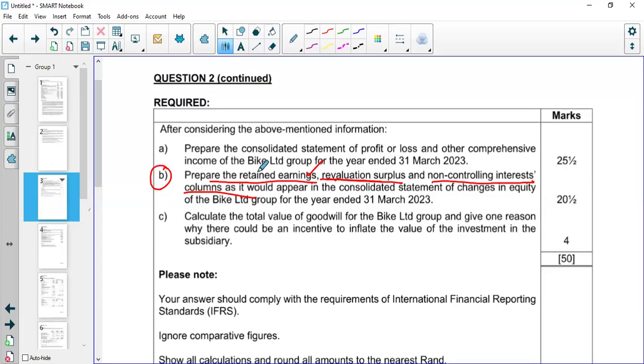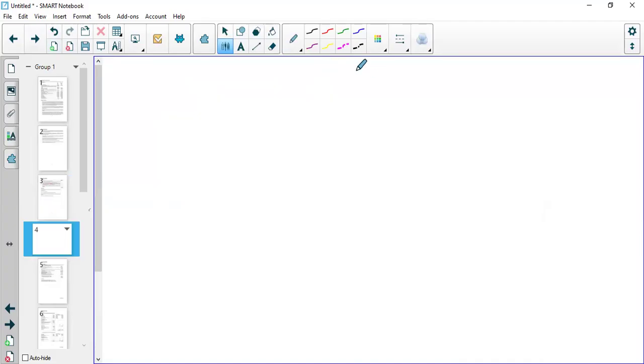Right. So let's first of all talk about the principles. Retained earnings. We have a column for retained earnings, and it will have a balance at the beginning of the year. So what is this retained earnings column made up of?